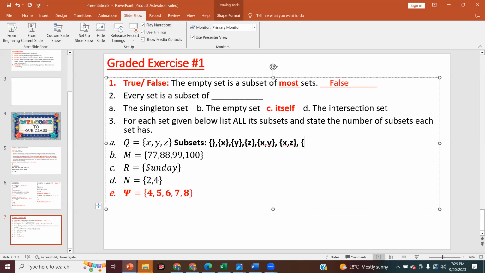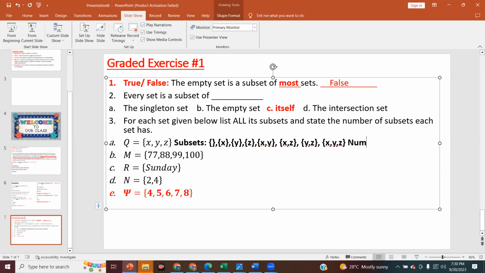How many persons have that so far? Yes, I have that. All right, awesome. Then we go to, what else are we missing? X, Y, Z. So what's the number of subsets?